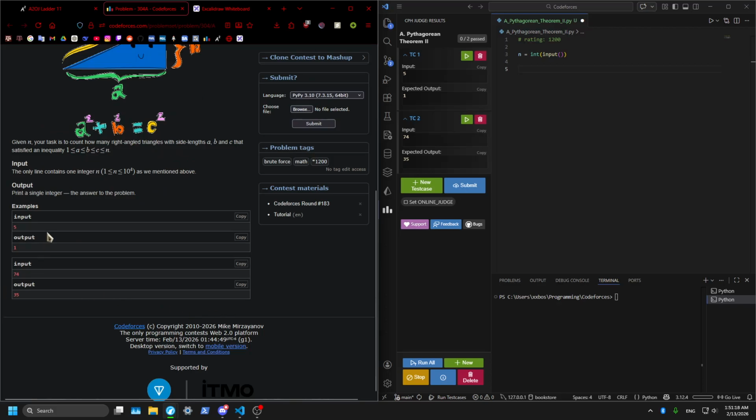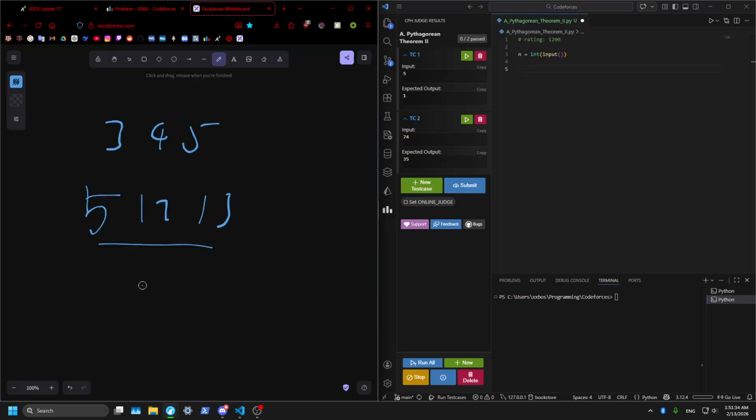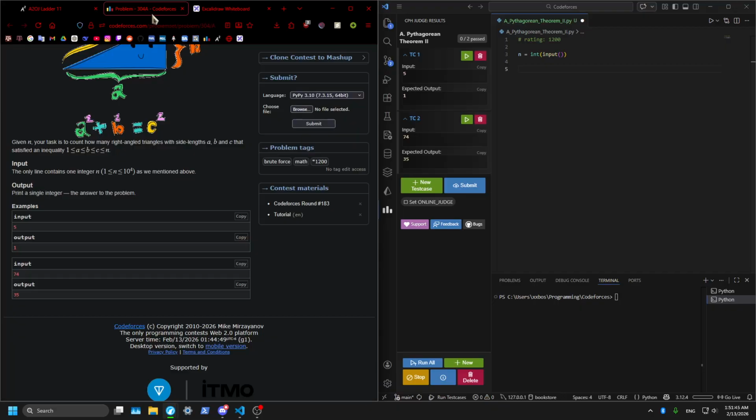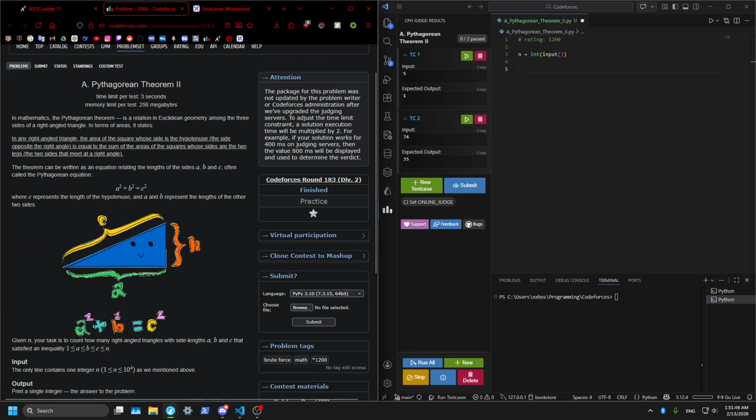I wish I got more examples for this. The output for 1 and 74 is 35. How many do we get with 6? 3, 4, 5. Do decimals count? I do not really know where to go with this.